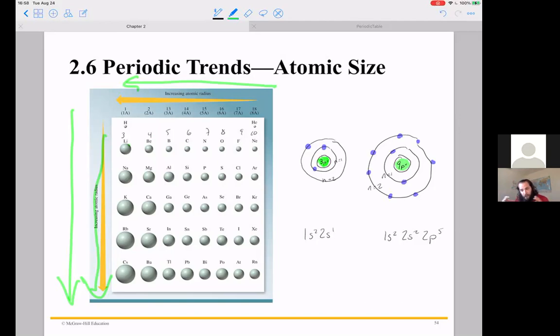So it's able to pull them in that much easier. Okay. So the fact that we are adding more electrons, but also that the size of our nucleus in terms of the number of protons and its ability to pull in those electrons is also getting stronger. So bottom line is increasing atomic radius will occur from right to left. So things on the right side of the periodic table are smaller than things on the left side of the periodic table.